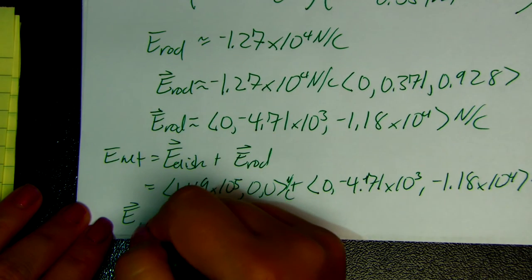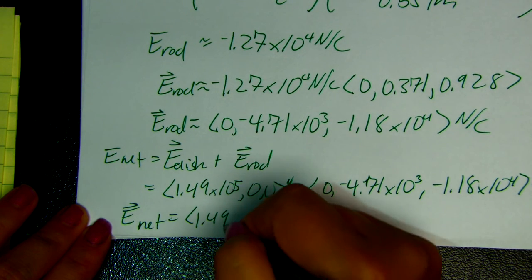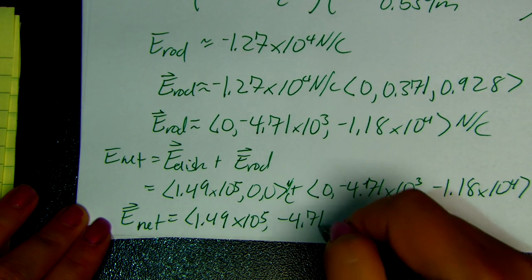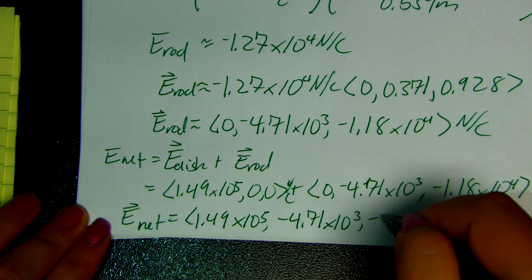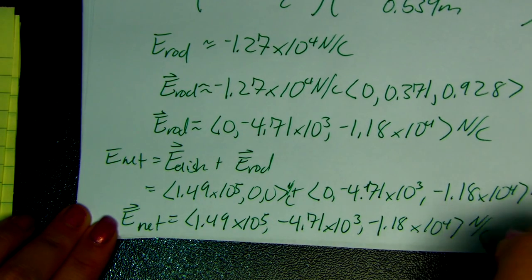And the net field is 1.49 times 10 to the 5th, minus 4.71 times 10 to the 3, minus 1.18 times 10 to the 4 newtons per coulomb.